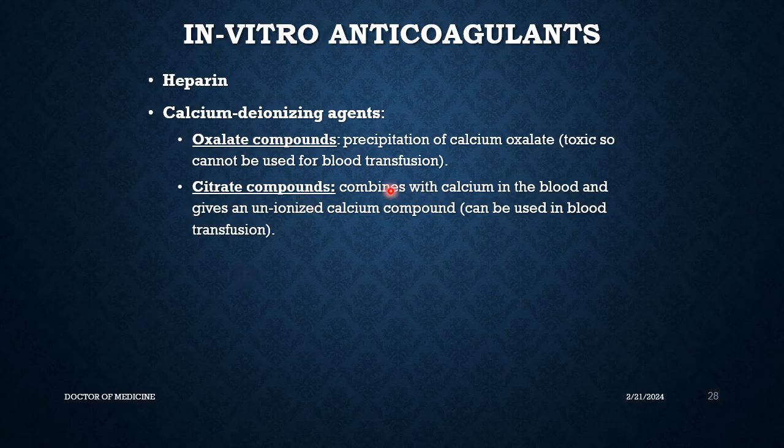You have your citrate compounds. They combine with calcium in the blood and give an unionized calcium compound, so they can be used in blood transfusion. These are not toxic because they produce an unionized calcium compound. Oxalate is an ionic compound, and it produces ions which are toxic during blood transfusion. So these are the different calcium deionizing agents.